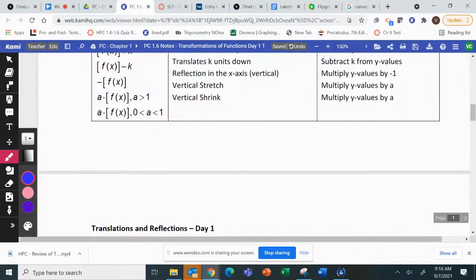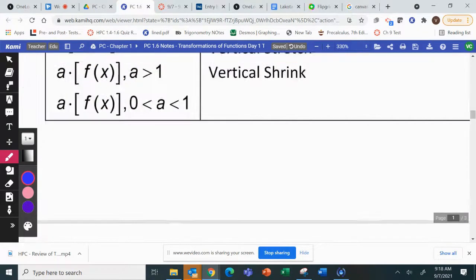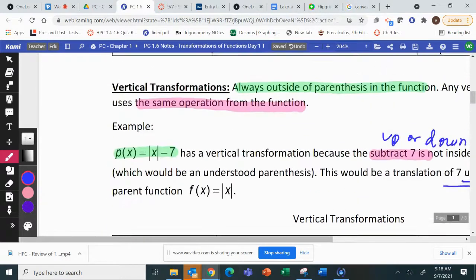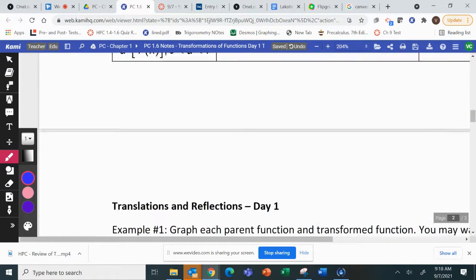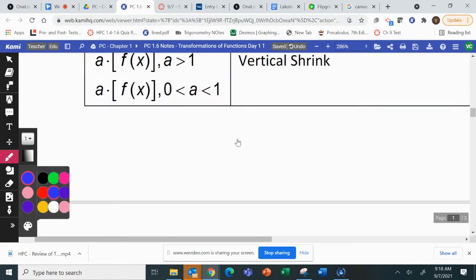Okay, one more thing I want to specify is the reflections. We're going to do that today as well. Here's an example of a vertical reflection. And then the horizontal reflection would be up here, f of negative x. So one has the negative inside of the function, the other one's on the outside of the function.